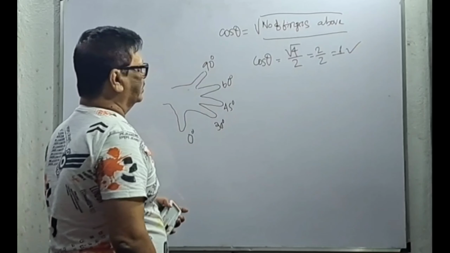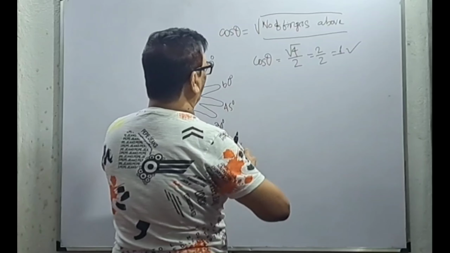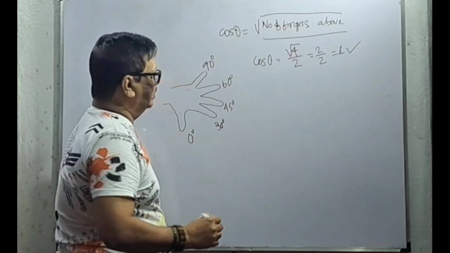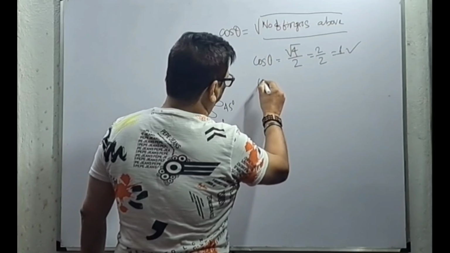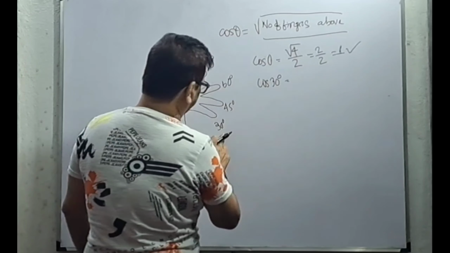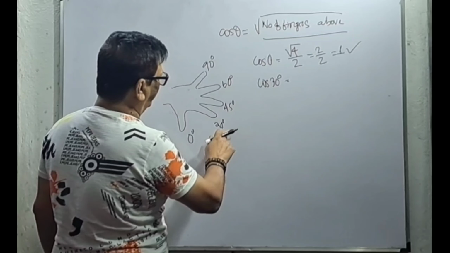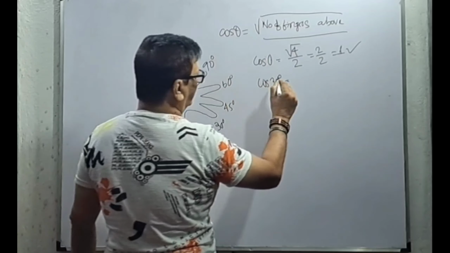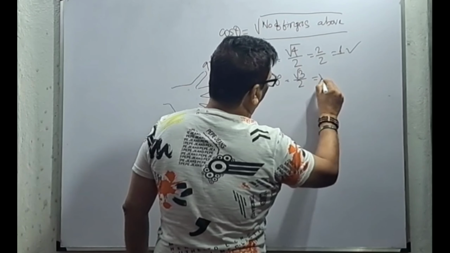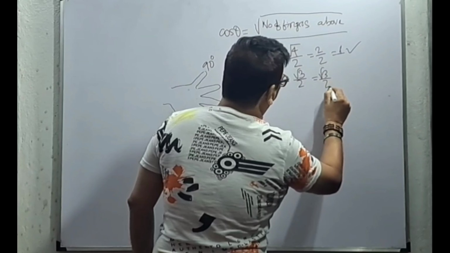So for cos 0, not theta, mind you, cos 0. Now cos 30 degree. This is 30 degree. Number of fingers above: 1, 2, 3. So root over 3 by 2. That's the value of cos 30 degree.